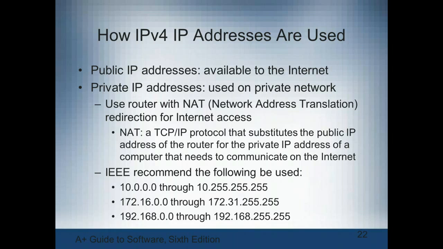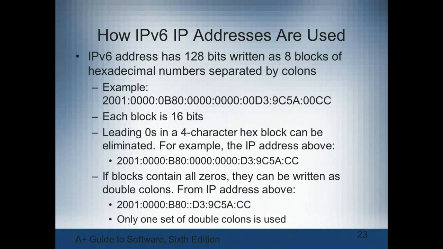You can use those on any private network that you want. They're uncontrolled. You don't have to pay for them. Public addresses you have to buy, and that's why you want to use as few of them as possible.